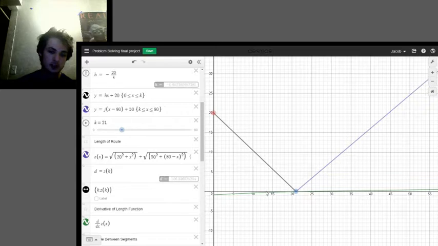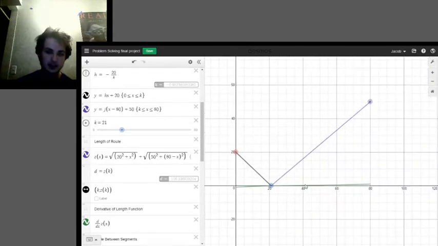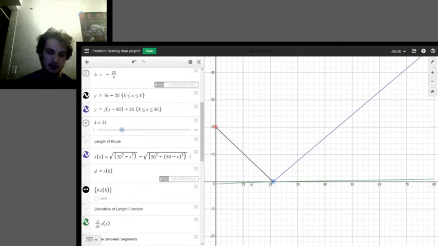Because I know the side lengths here and here, based on my value of k, and the side lengths here and here, based on my value of 80 minus k, I can take the arctangent of each of those to find the angles, and then subtract those from 180 to find the angle in here.